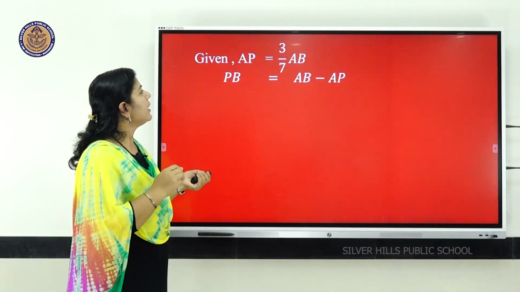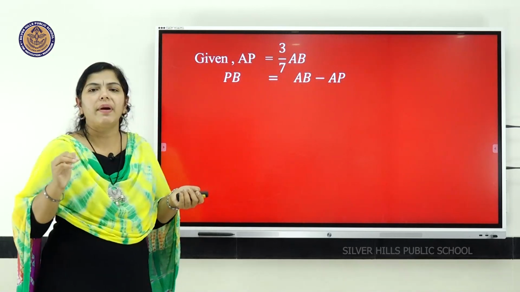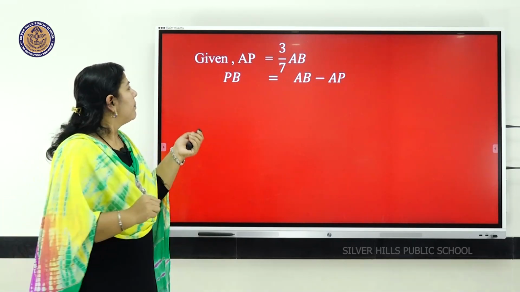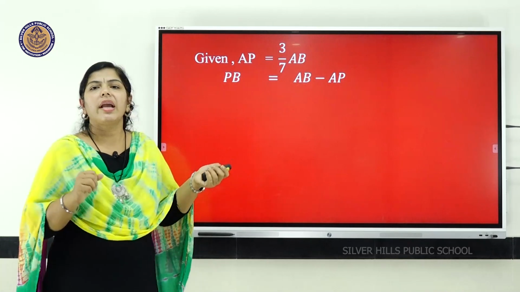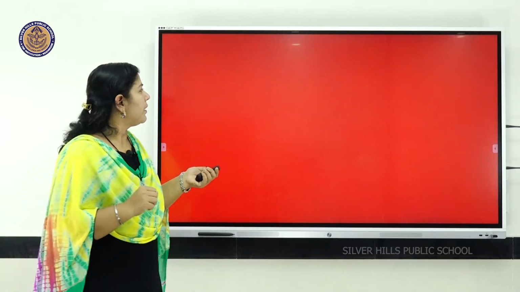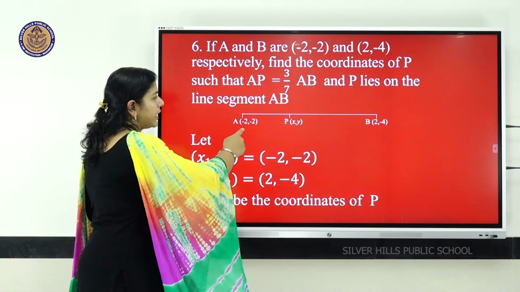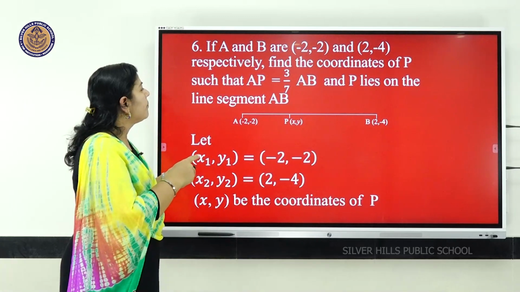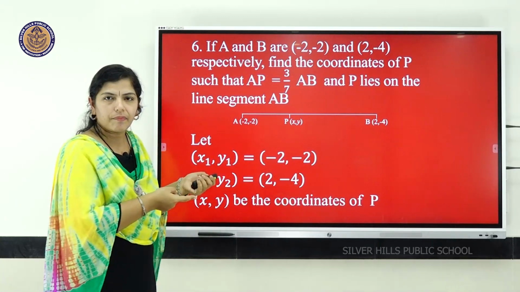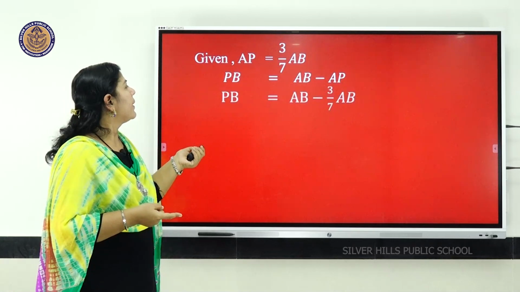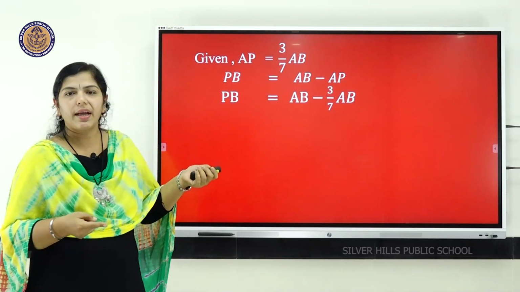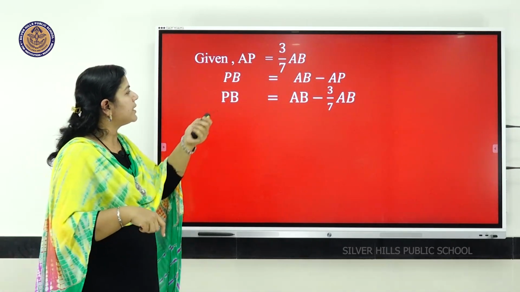Okay. So, the given thing is AP equals 3/7 AB. But PB we know is equal to AB minus AP. Previously in the figure you can see PB equals AB minus AP. So, PB equals AB minus AP, and AP is 3/7 AB.